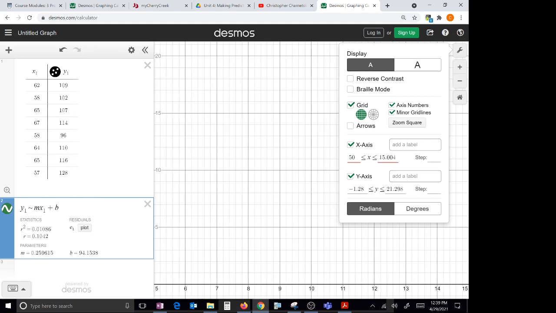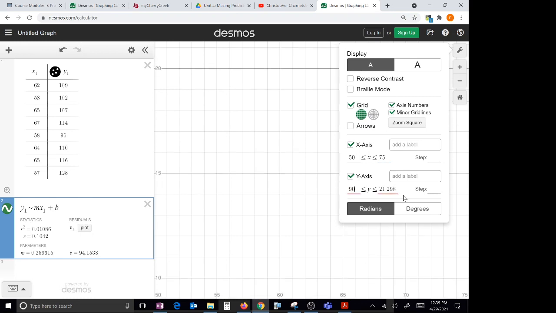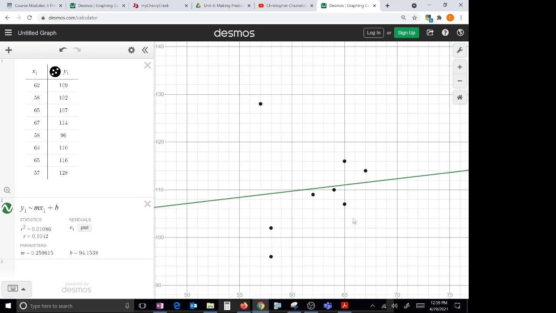Our highest x value is like 67, so maybe we go to, I don't know, 75. Lowest y value is 96, so maybe we go to 90. Our highest was like 128, so maybe 135. And just a little extra zooming.